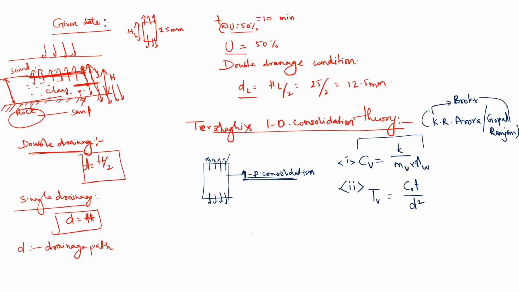And what is CV? CV is coefficient of consolidation. Okay, and mv is coefficient of volume compressibility. Okay, and TV is time factor.